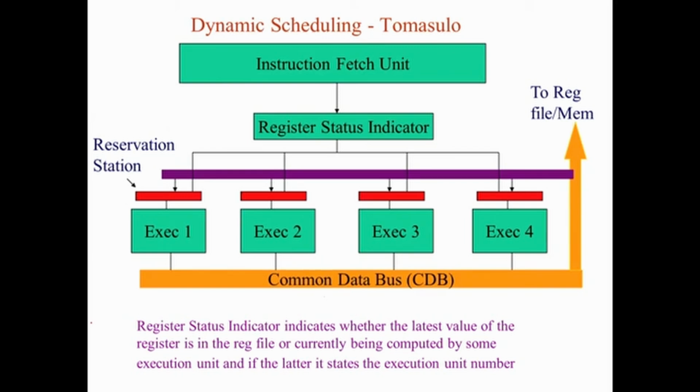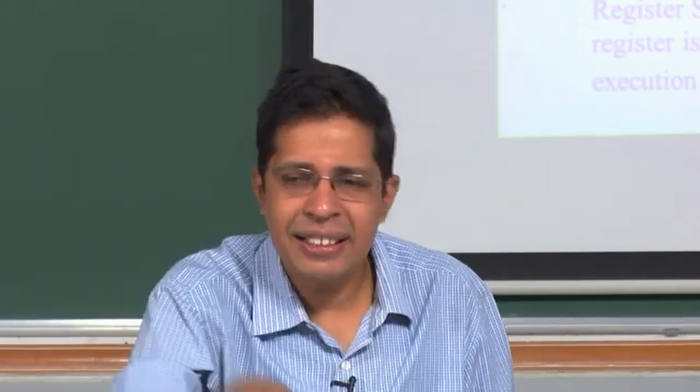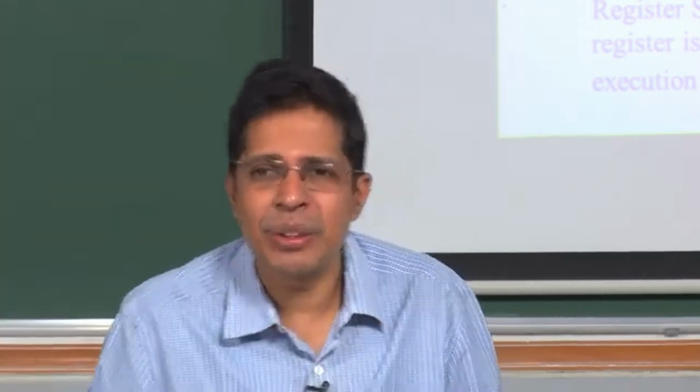Let me repeat: for every general purpose register, like your EAX, EBX, or R1, R2 to R128, there will be one entry. That will not be just a bit, it can be an integer, and that entry will be 0 if the latest value I want, suppose the latest value of R4, is there in the register.